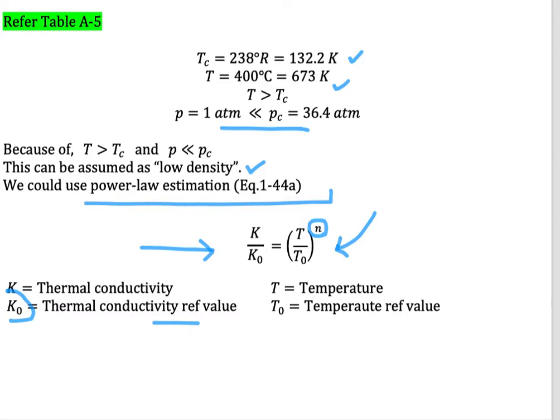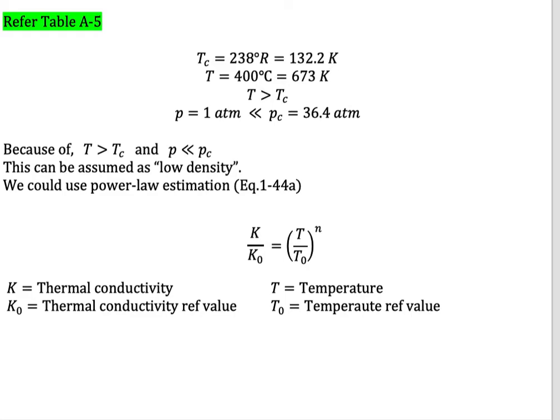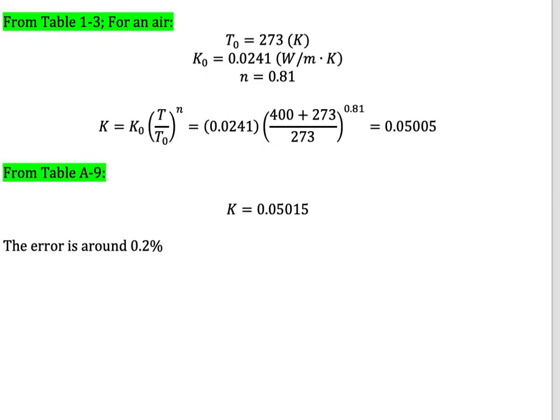Normally we take the value at 180 m, or any value from the table just now. From a table, we know that T naught is 273 Kelvin. We take the thermal conductivity as k naught, and the value of n is equal to 0.81.